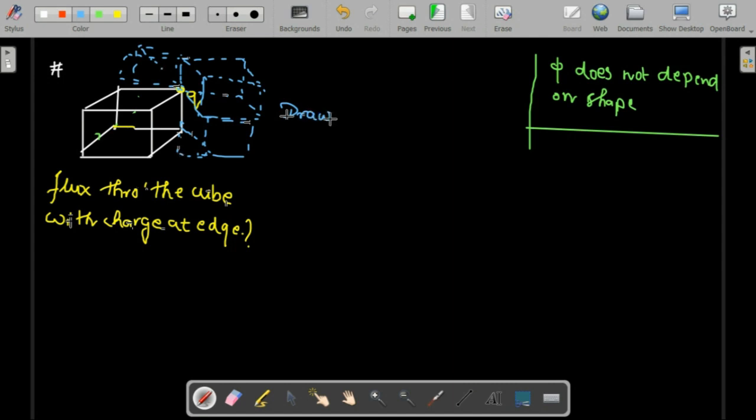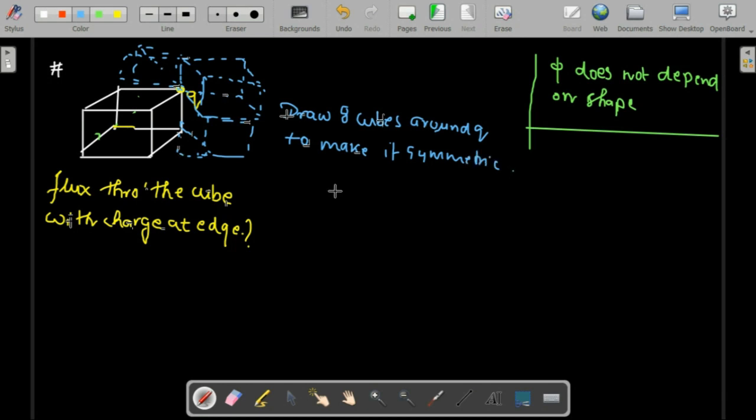You have to just understand what exactly we have to do so that we are able to solve it. Draw 8 cubes around this charge q to make it symmetric.